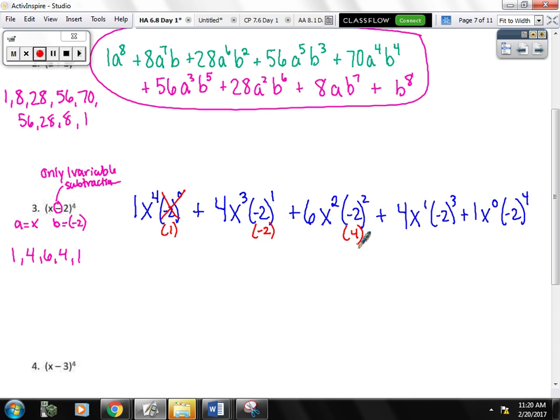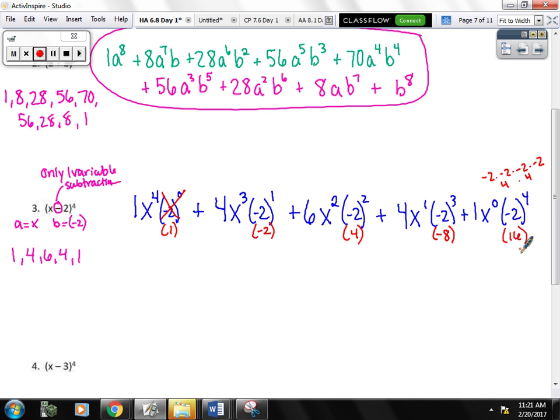How about -2 to the 3rd? -8. When you raise a negative to an odd exponent, it is going to stay negative. And last, we have -2 to the 4th, which is -2 times -2 times -2 times -2. That means 4 times 4, which is a positive 16.